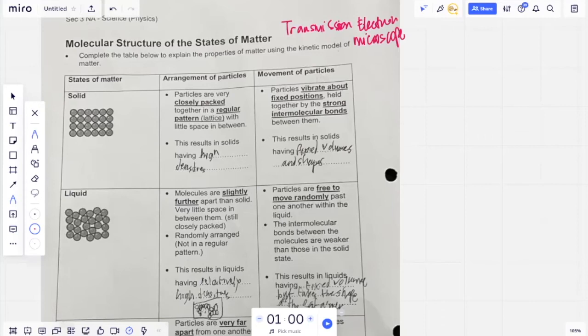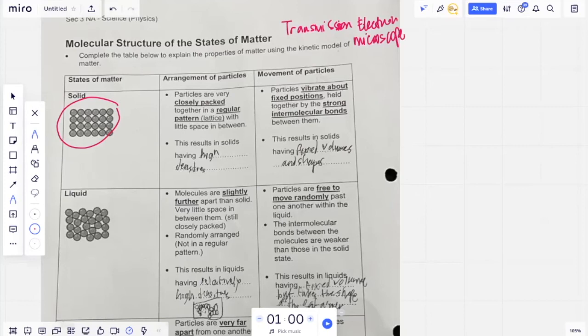Then you take a solid and you zoom in, and you will see that the particles inside a solid are arranged similar to this, but not exactly like this. Same goes for liquid and gases.